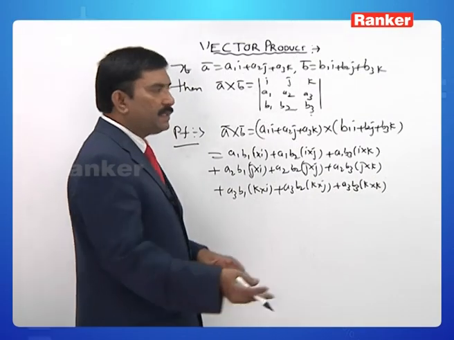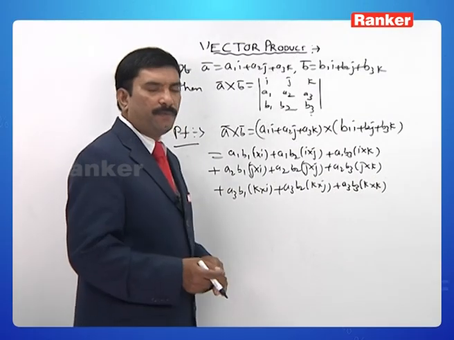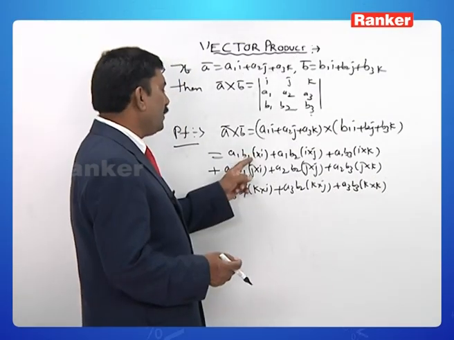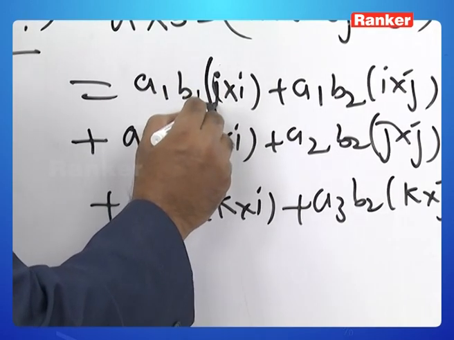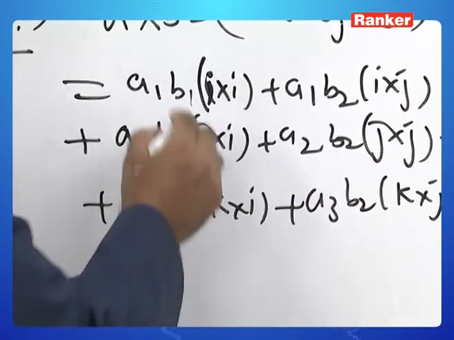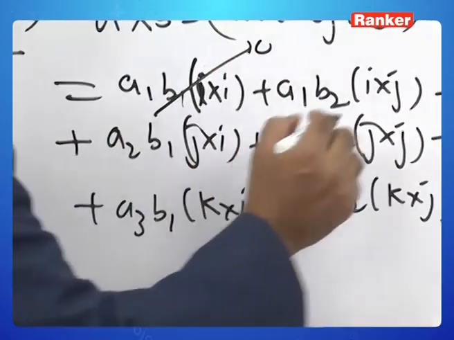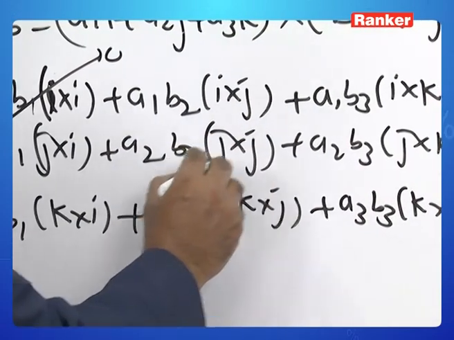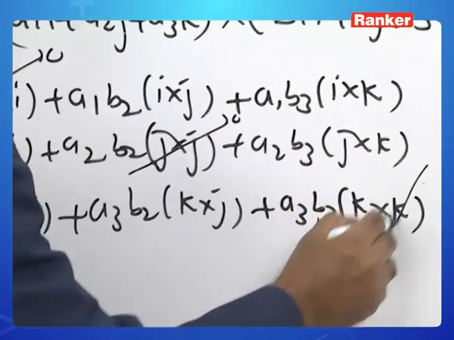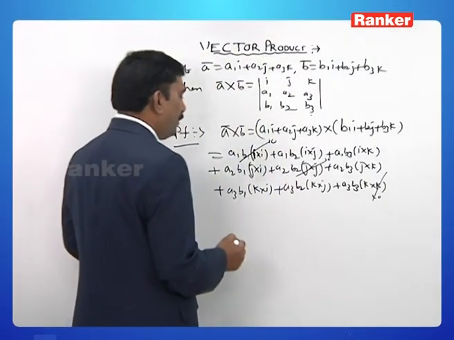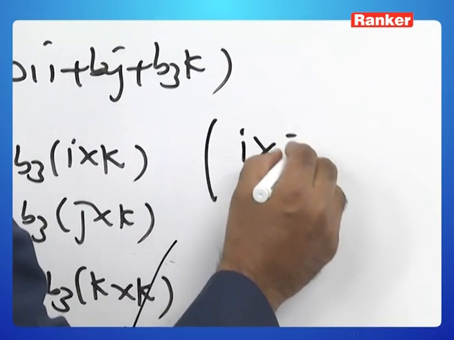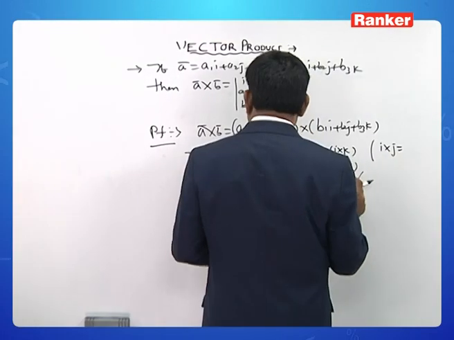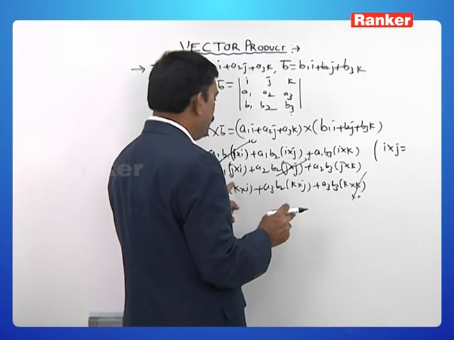Just now I told the vector product of orthogonal unit vectors: I cross I is equal to 0. This is 0, next this is 0, and this is 0. Meanwhile, I cross J, now J cross I is there, correct or not?